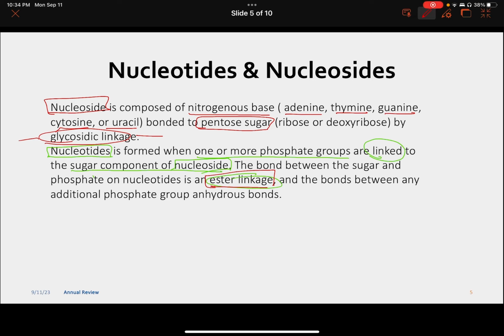Then we have nucleotides, which are one or more phosphate groups linked to a sugar component of nucleosides. They are bonded between the sugar and phosphate of the nucleotide, which is an ester linkage. And the bond between any additional phosphate groups is an anhydride bond.